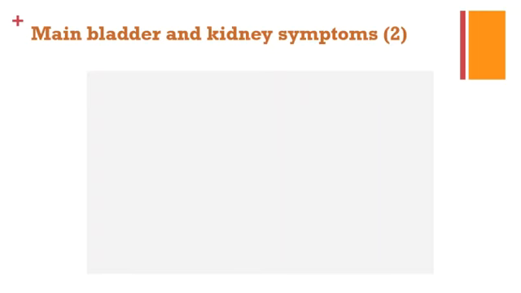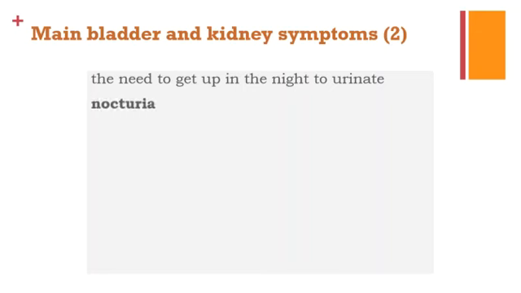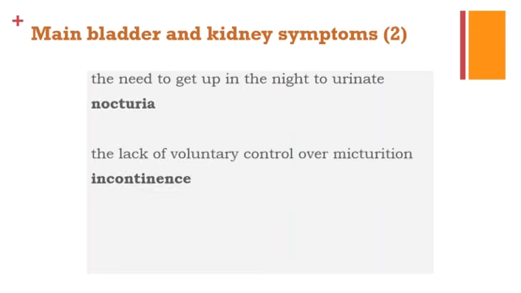Nocturia is the need to get up in the night to urinate, thus interrupting sleep. Its occurrence is more frequent in pregnant women and in the elderly. Incontinence is the lack of voluntary control over micturition.